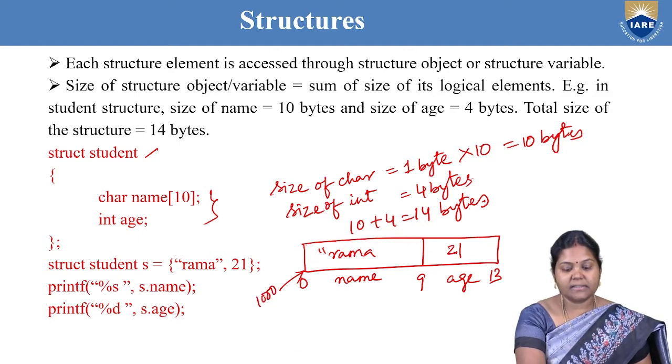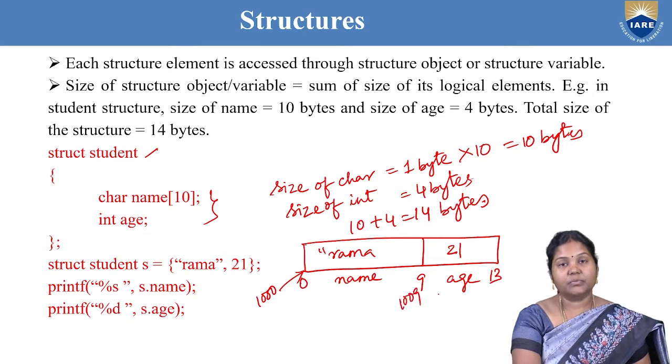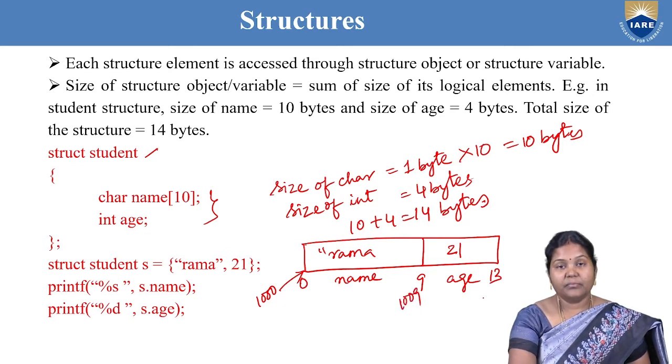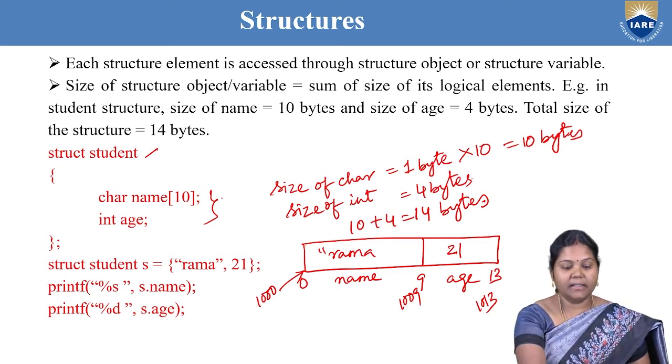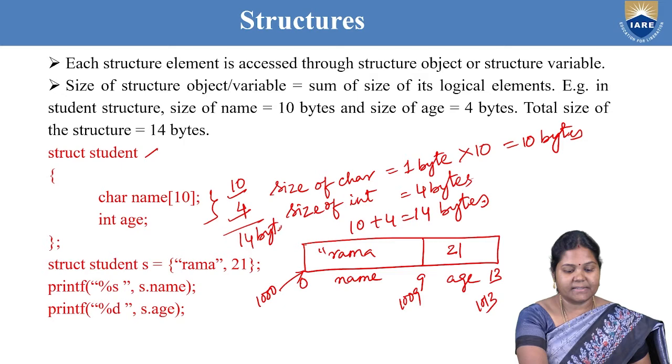Suppose the starting address of the name member is 1000, then the ending address will be 1009, and for the age the starting address is 1009, so it will end at 1013. In this way, the size of the structure is computed. The size of the structure is the sum of the sizes of its individual members. Here two members are there, name and age. It requires 10 bytes plus 4 bytes, so the total size is 14 bytes.